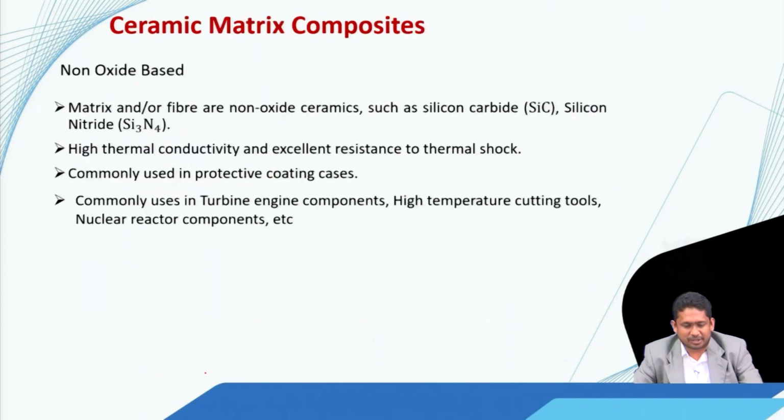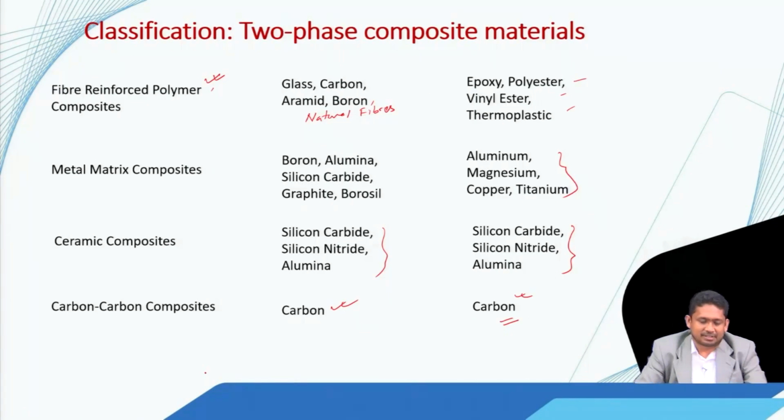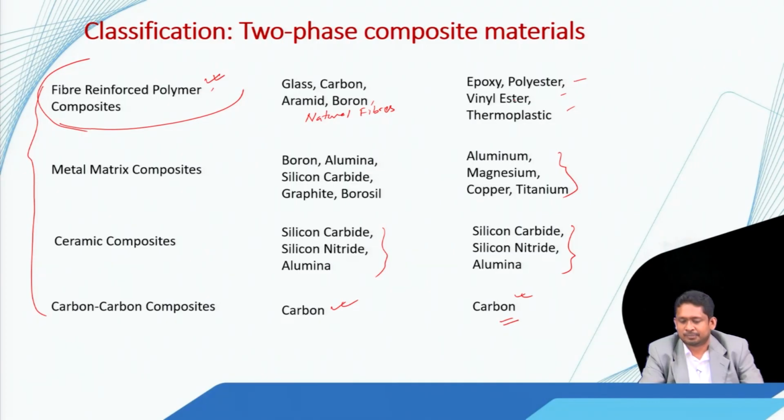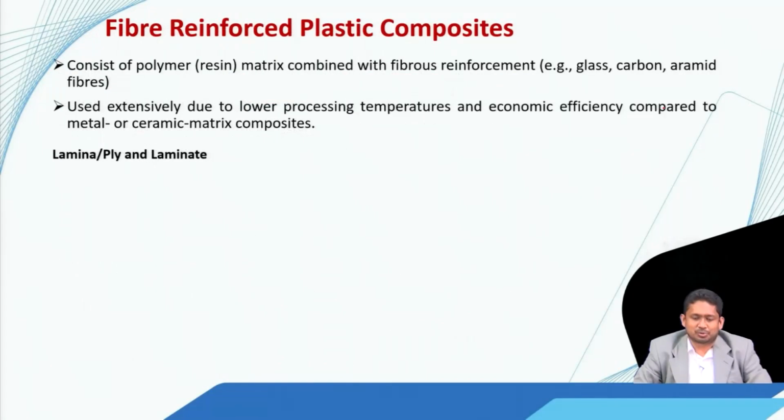So again, we have seen that there are these 4 broad categories of composites, and in this there is the possibility that the matrix is thermosetting or thermoplastic, and we have seen their comparison. Now let us go to fiber reinforced plastic composites, which is what this course is about.